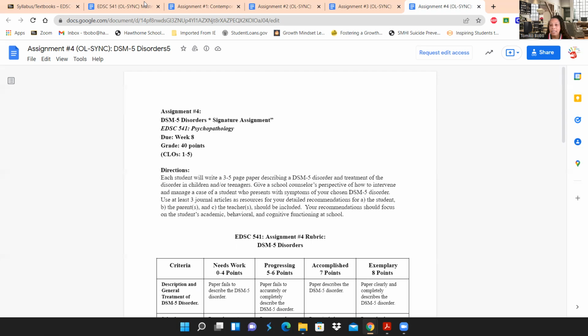You're going to use at least 3 journals and articles as resources for your detailed recommendation. And you are going to write a recommendation for the student, the parent, and the teacher. The recommendation should focus on the student's academic, behavioral, and cognitive functioning at the school.